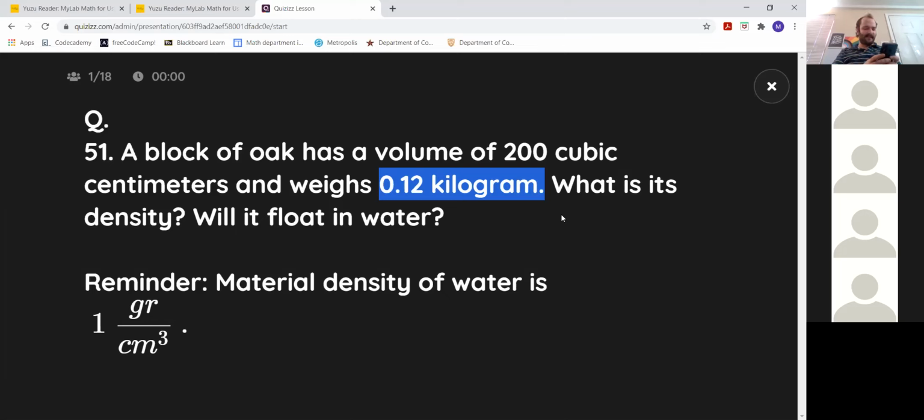Is that making sense? Or am I speaking gibberish? Oh, where's my little hat symbol? So your unit should be what?